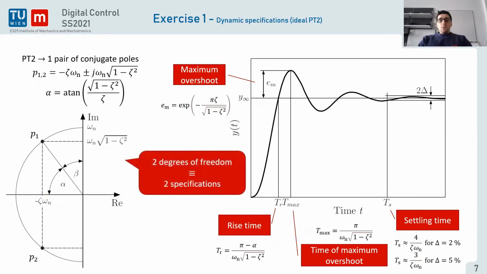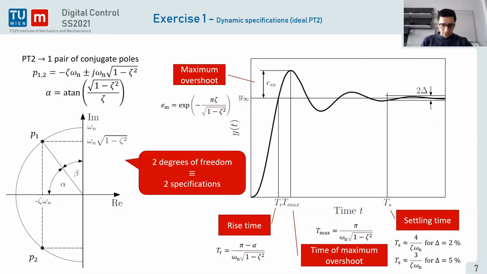So in the end, we have 2 degrees of freedom when we want to design a PT2, and it's equivalent to having 2 specifications. For example, in our exercise, we will look at, if I remember well, the rise time and the maximum overshoot.